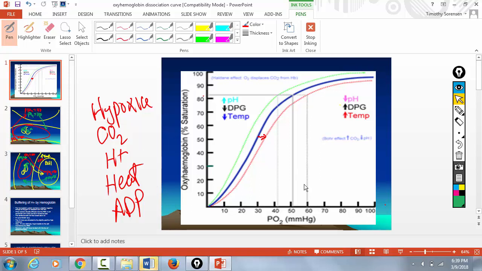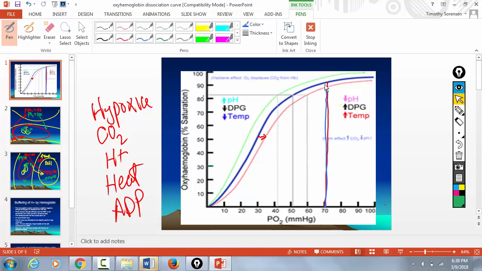Pick a PO2, any PO2. Pick a PO2 of 70. The blue solid line represents normal conditions. What's the hemoglobin saturation at a PO2 of 70? It's about 90, right? Now look, if the curve is shifted to the right, what happens to the hemoglobin saturation? It's lower. Tell me you got that.